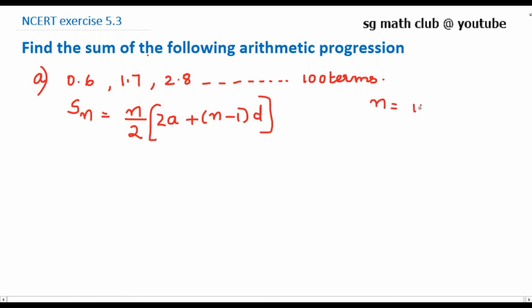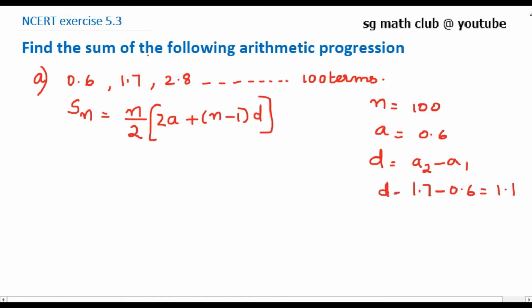Here n is 100 because we want the sum of the first 100 terms. a is 0.6. d is a2 minus a1, that is 1.7 minus 0.6, which is 1.1.